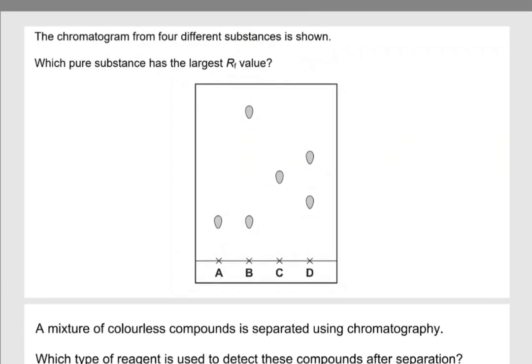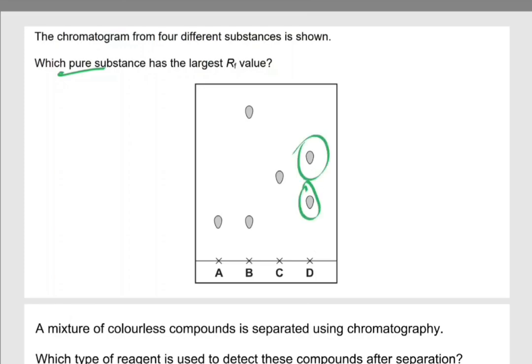The chromatogram from 4 different substances is shown. Which pure substance has the largest RF value? The one common mistake people usually make is just looking at the chromatogram and picking the one that has traveled the highest distance. But here there is a clause. It has to be the pure substance. So let's rule out the substances that are not pure.